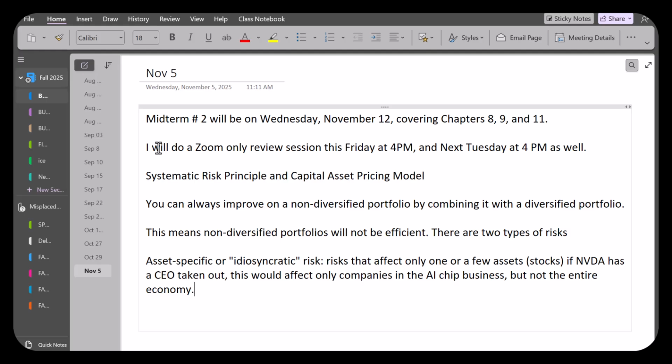Which means if this stock or these stocks are already in a diversified portfolio, the effect on the entire portfolio itself is going to be rather limited.